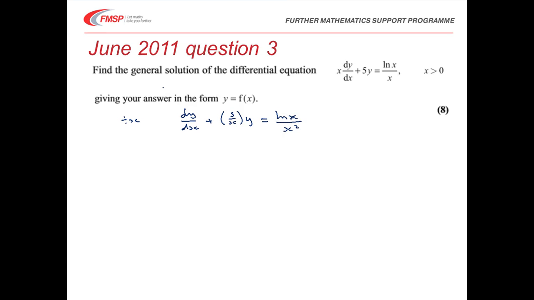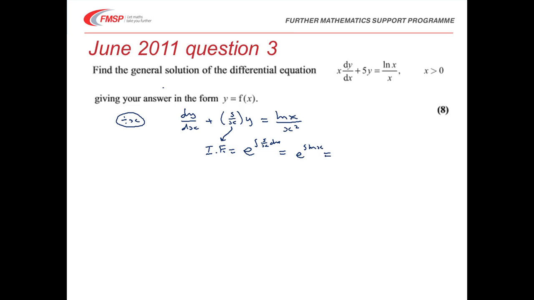So we're now in a position to find the integrating factor. We have it in the correct form. We divide it through by x, and it's this term here that we're going to use to find this integrating factor. So the integrating factor for this problem will be e to the integral of 5 over x dx, which is e to the 5 ln x.